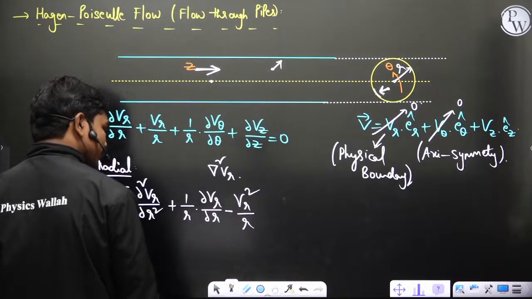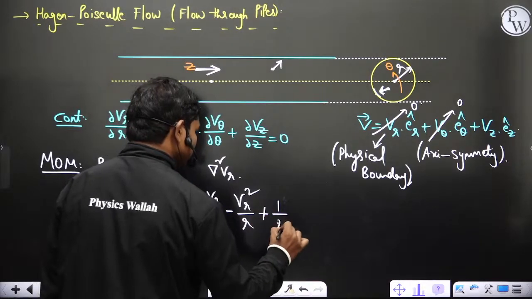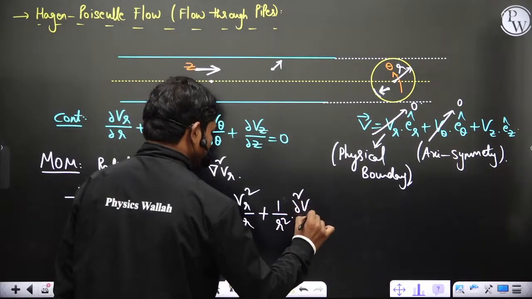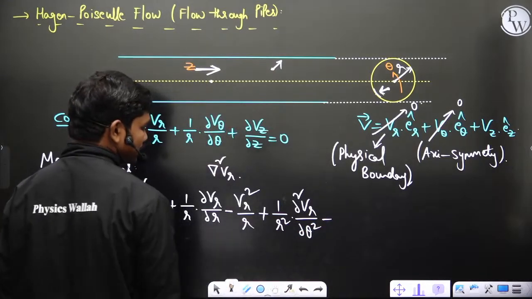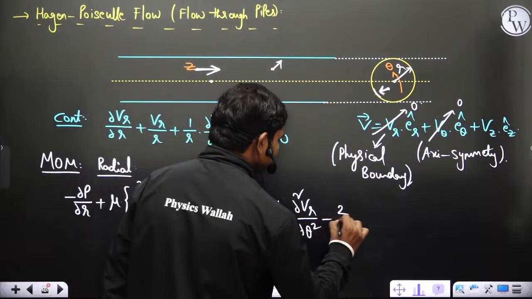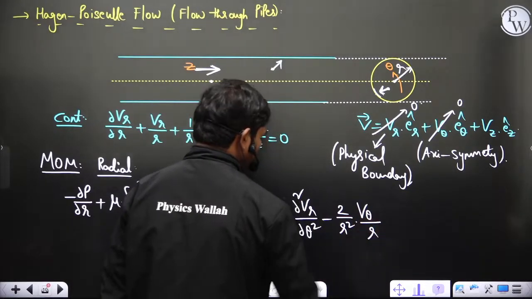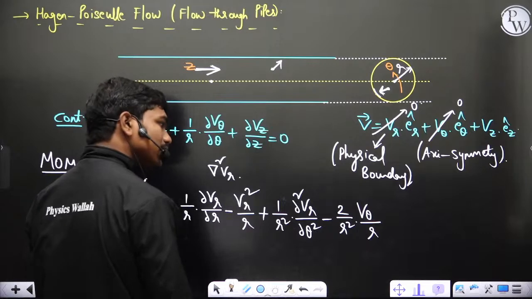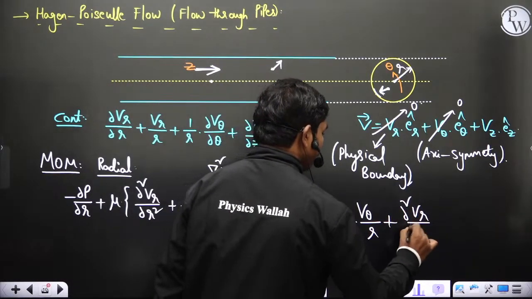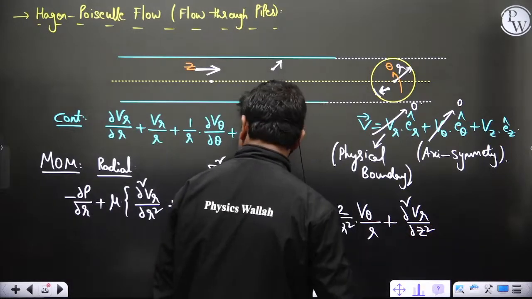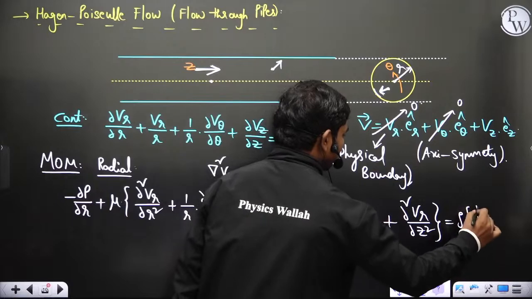So this is Vr by r square, and then plus 1 by r square dou square Vr by dou theta square, minus 2 by r square dou V theta by dou theta, plus dou square Vr by dou z square is what you get. This expression is equal to density times dVr by dt.